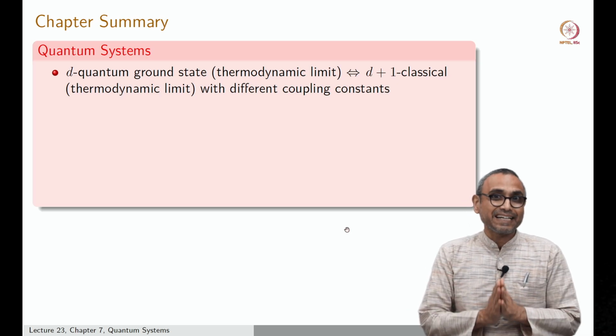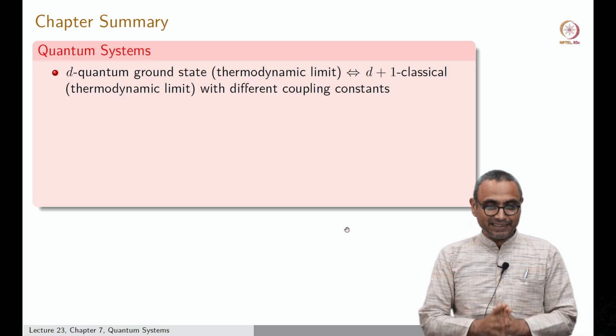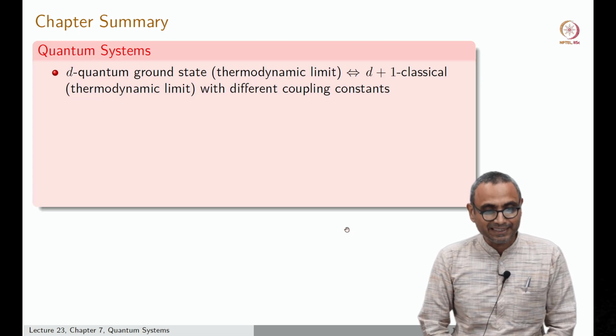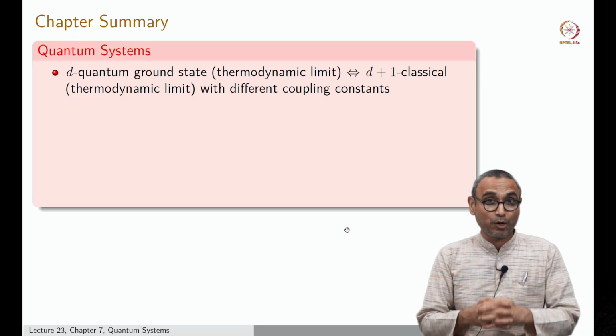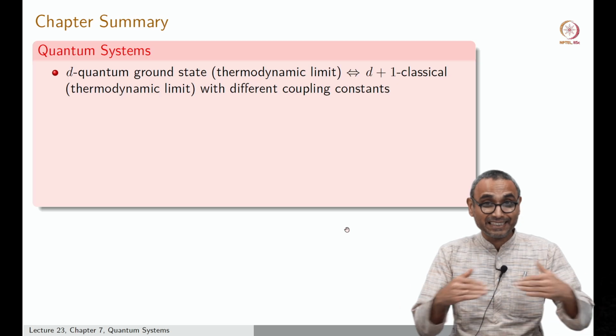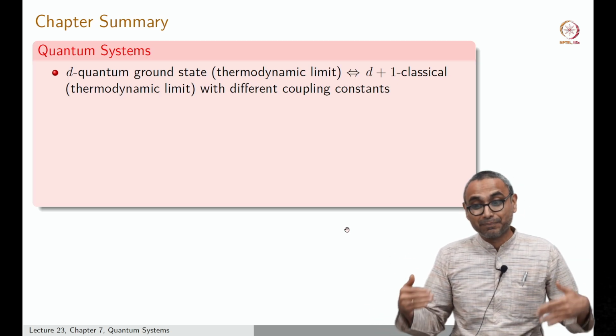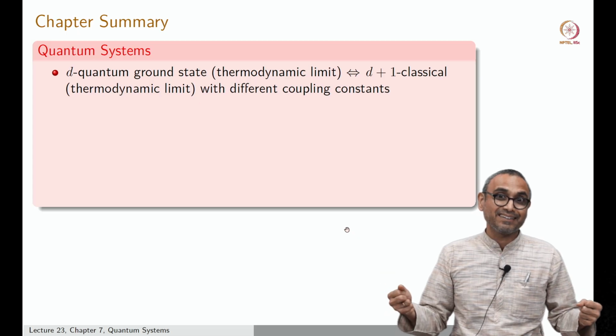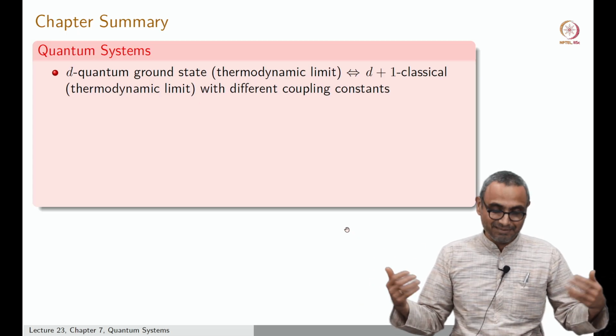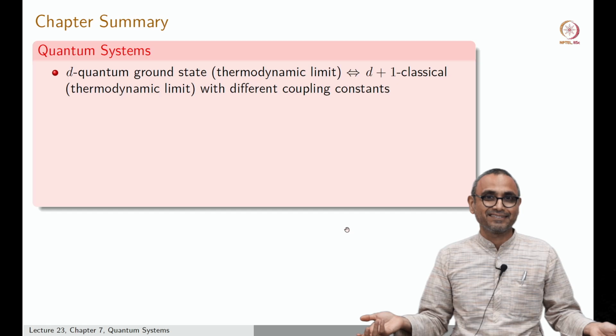So one central thing that we discovered in the study of quantum systems is that the d-dimensional quantum ground state, in the thermodynamic limit of that problem, will be some d plus 1 dimensional classical thermodynamic limit.